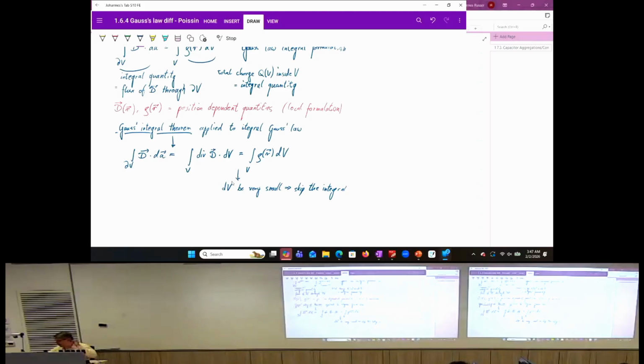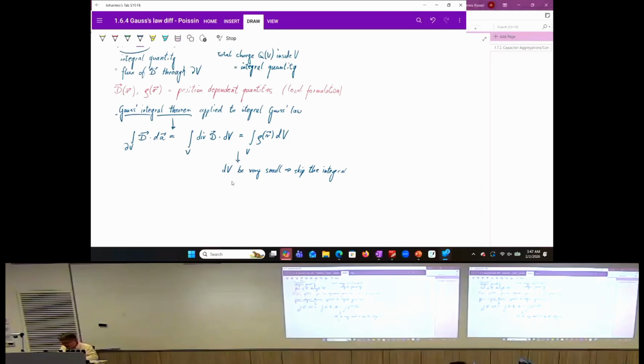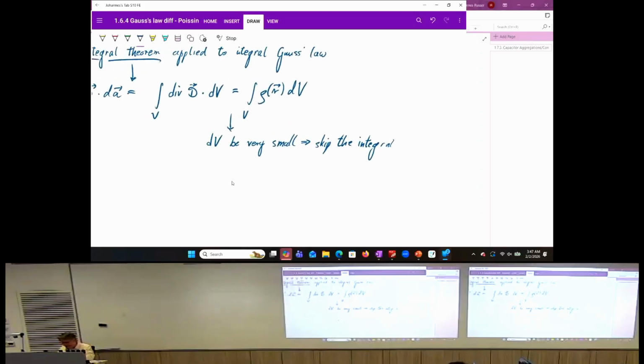And now if you think that your volume actually is very small, you get to the point where you can skip the integral and make the statement that the divergence of the displacement field is equal to the local value of your space charge density. Are you comfortable with that?